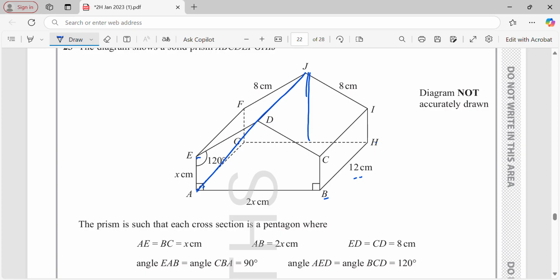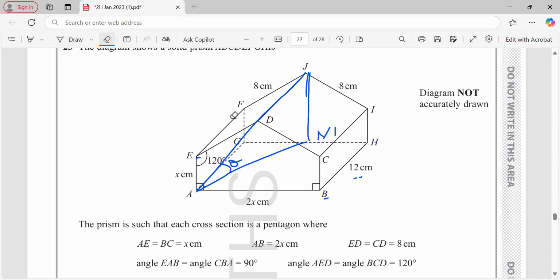It will intersect GH at the midpoint. Let's name this midpoint M, you can name it anything. Then I join this line with this length. This is the base ABGH. So here is the angle theta that I have to find out.